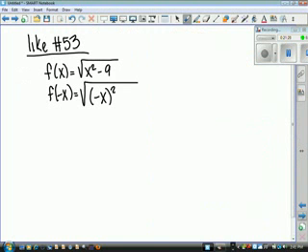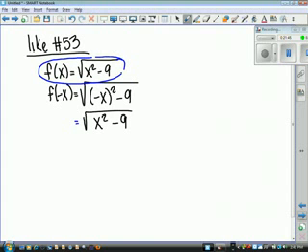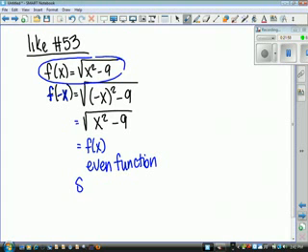So you plug a negative x where the x is. So what's negative x times negative x? That's simply x squared, and it didn't affect the 9 at all. Since what you ended up with is exactly the original function, that means f of negative x is f of x. That means you got an even function. And what that means is you have symmetry with the y-axis.